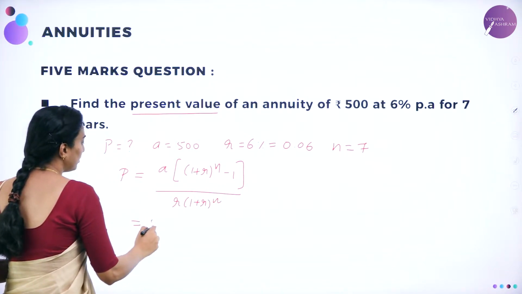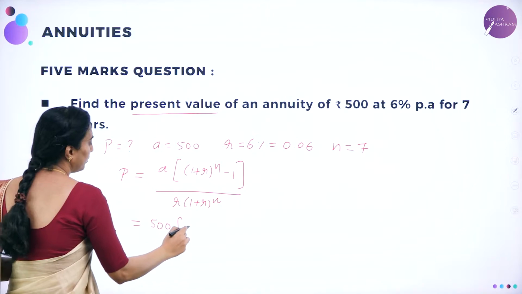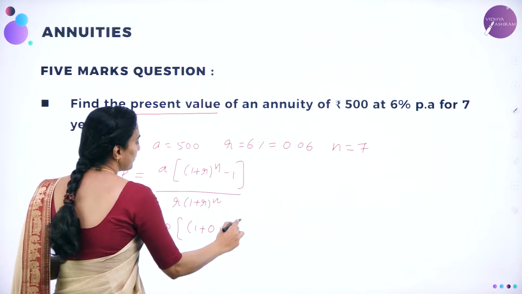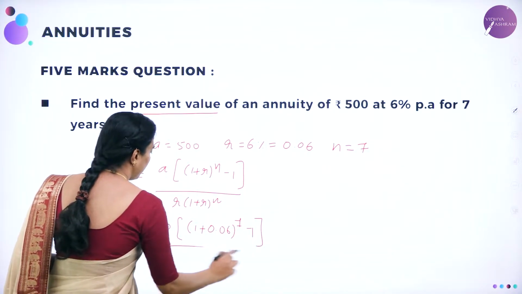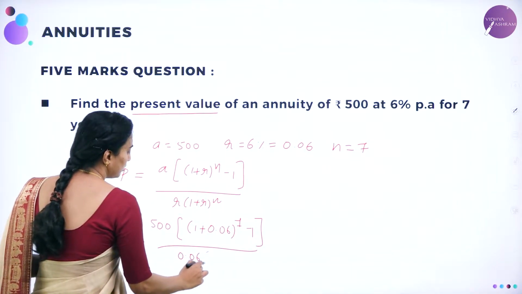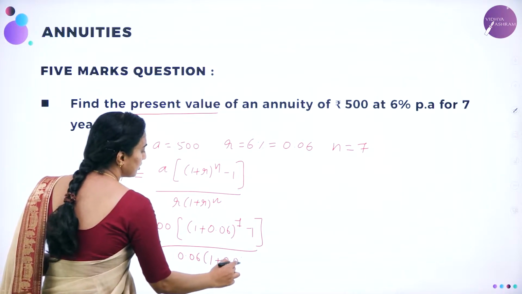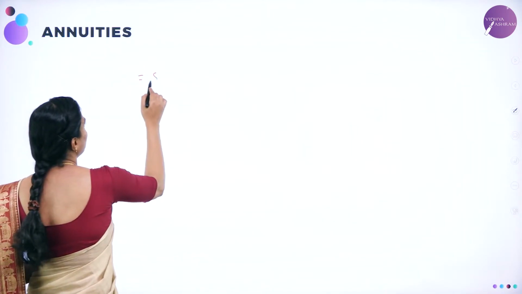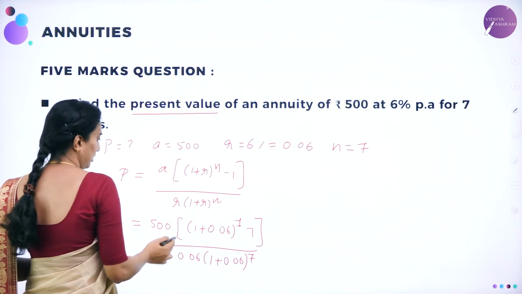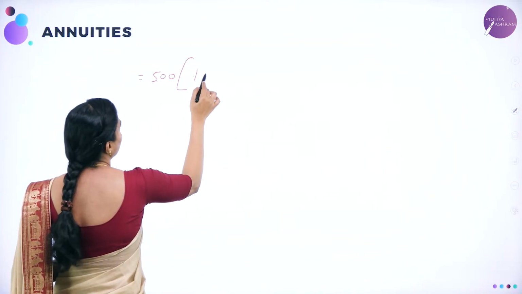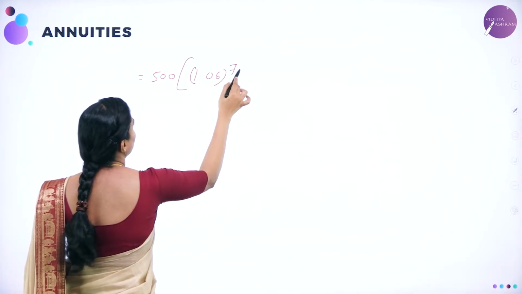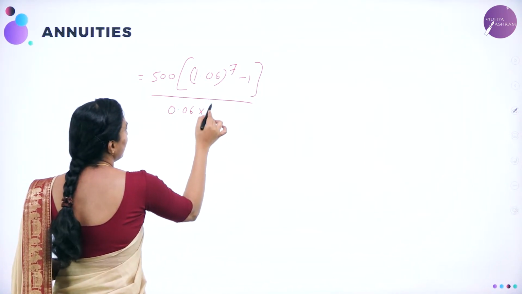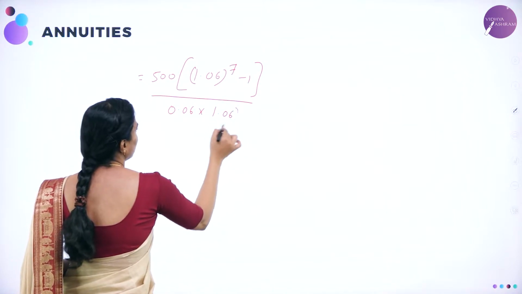Now this will be equal to, substituting, 500 into 1 plus 0.06 to the power of 7 minus 1 divided by 0.06 into 1 plus 0.06 whole to the power of 7. Now here you can have 500 into 1.06 whole to the power of 7 minus 1 divided by 0.06 into 1.06 whole to the power of 7.